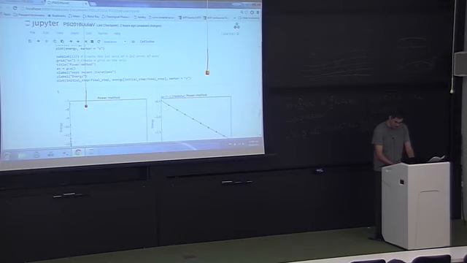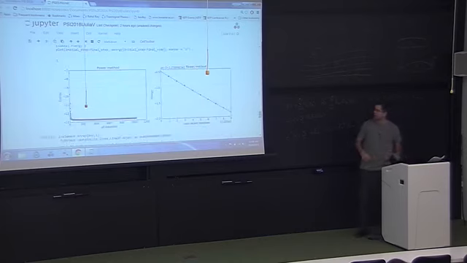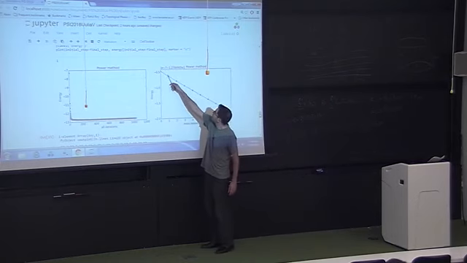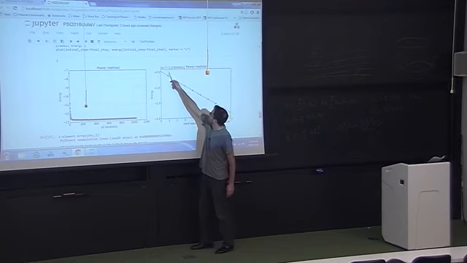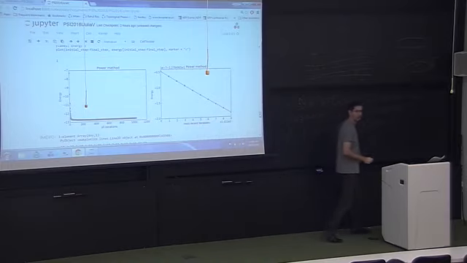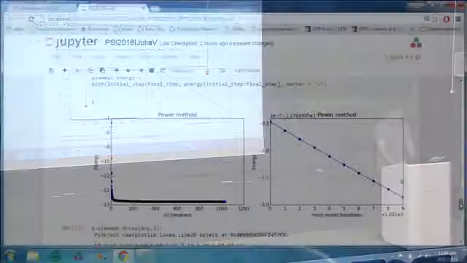I ran it for 10 more steps just to show you that in the last 10 steps, the result was some number, up to corrections in the 7th digit. Only the 7th digit is changing. So we have essentially converged to the ground state.